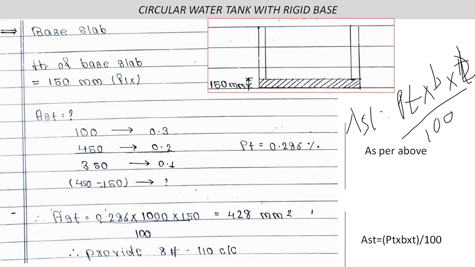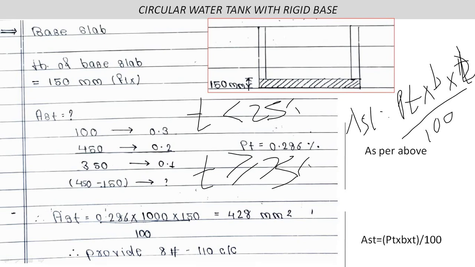Code says if the thickness is less than 250 mm, we have to provide the percentage of steel as 0.3, and if the thickness is more than or equals to 250 mm, we have to provide 0.2.